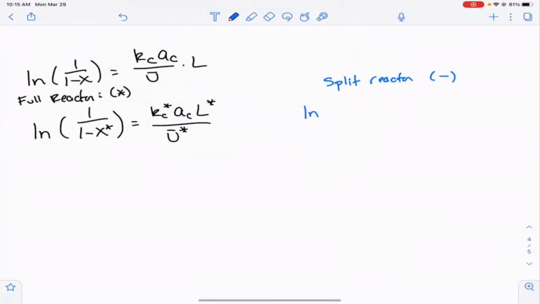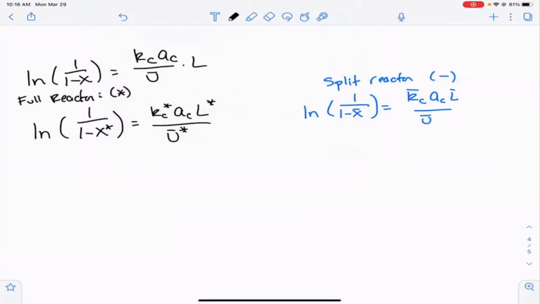And we're going to say that that's the natural log of 1 over 1 minus X with the line over it equals Kc with a line over it times AC times the length over our velocity, okay? Where we've split the reactor into, I mean, the example I did above was 3, but we'll generically do it for n, and then we'll show specific examples.